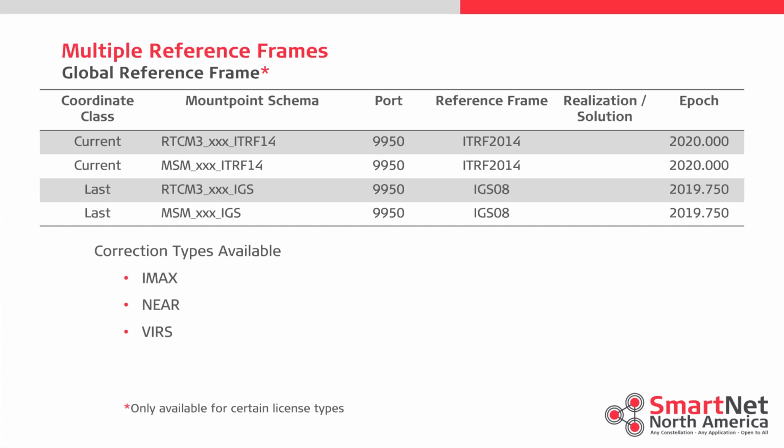So those will be an ITRF of 2014, 2020. We will maintain the last RTCM3 IGS mount points until spring adjustment time, and those will also fade away when we do our spring adjustment. So if you're a user of our IGS reference frames, then you will need to make that switch as well. These are only available for certain types of licenses, so if you don't know what I'm talking about here, you're probably not using them, so don't worry.